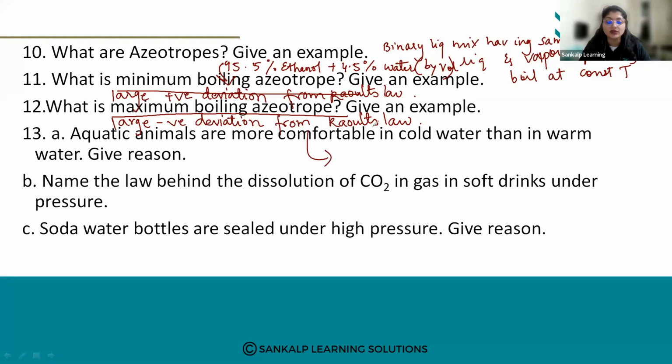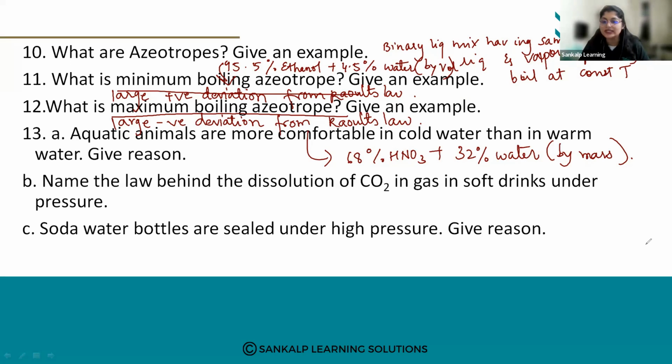Please note down the example: 68% HNO3 plus 32% water by mass. So these are the solutions which show large negative deviation from Raoult's law at specific composition.